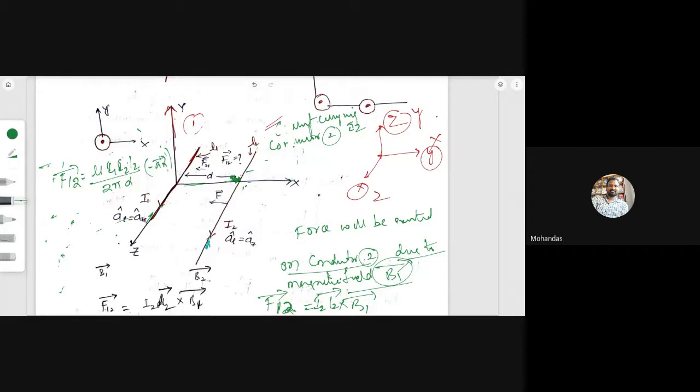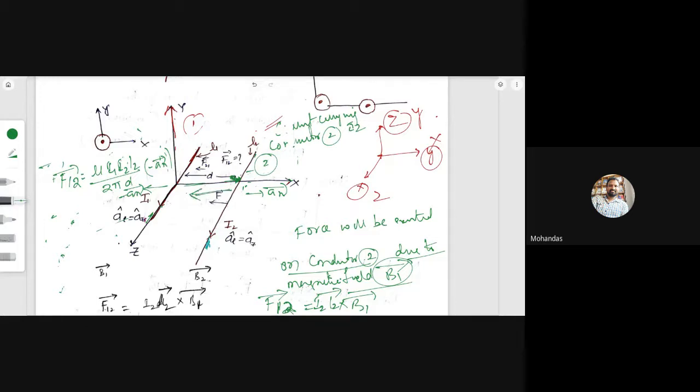What does this minus AX indicate? This is the force on conductor 2, and this is positive AX; this is negative AX. That means this conductor is trying to move in the negative AX direction.